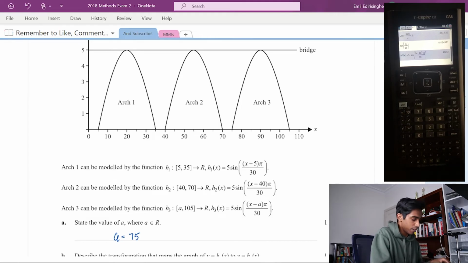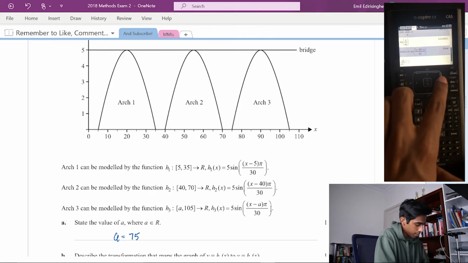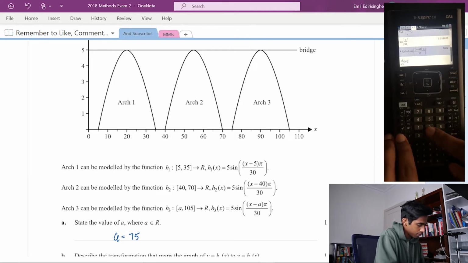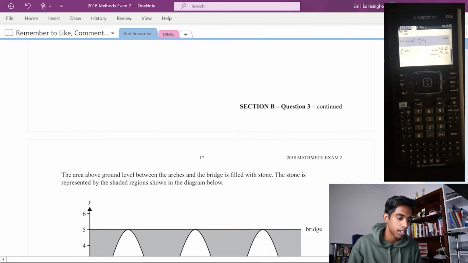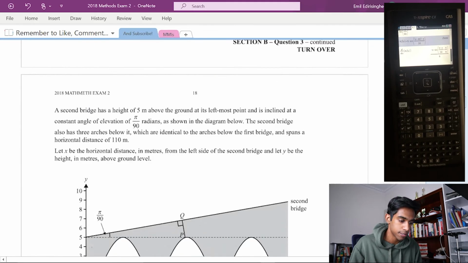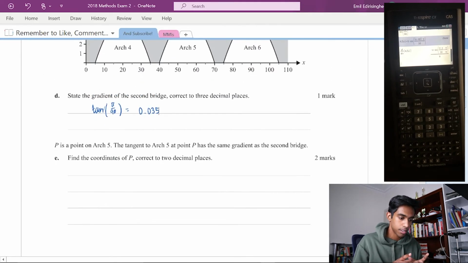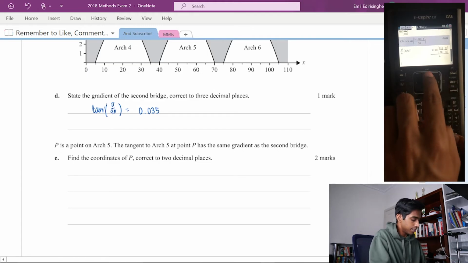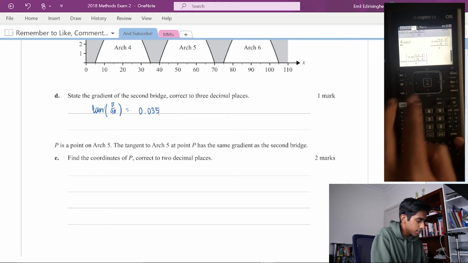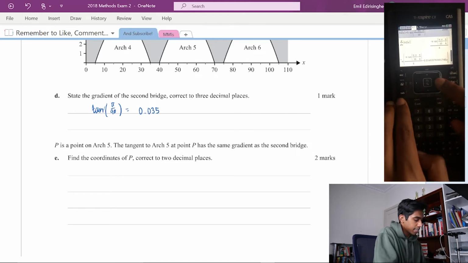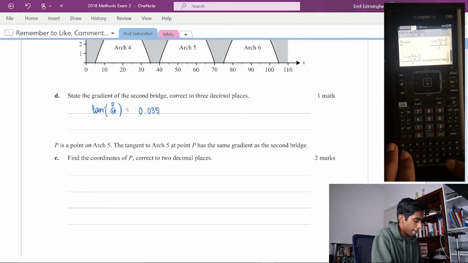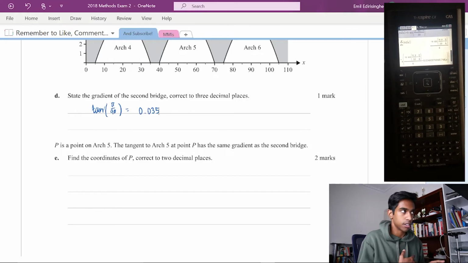So now what we're looking for is the derivative of this function. We'll get the derivative of that, that gives us that. And now what we're looking for is the value of this that is equal to 0.035, which is the answer we had before, comma x, and then we have to remember to put the restriction on the domain of x, because otherwise we'd get lots of different answers.